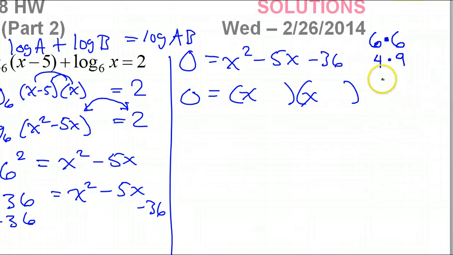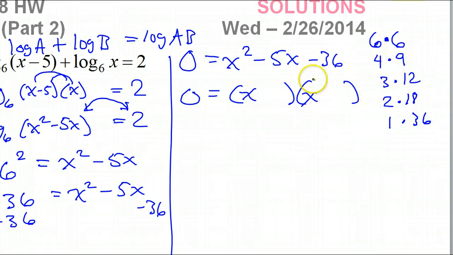All right, it could also be 3 times 12, or even 1, whoops, I almost left out one. It could be 2 times 18, or it could be 1 times 36. Could be all of these things. Now, the inner plus the outer has to give me the middle, so keeping an eye on the 5, I'm especially liking this one. So let's try that out.